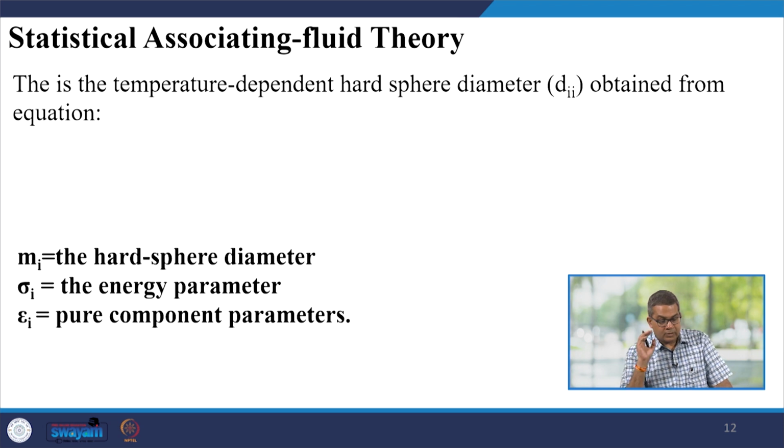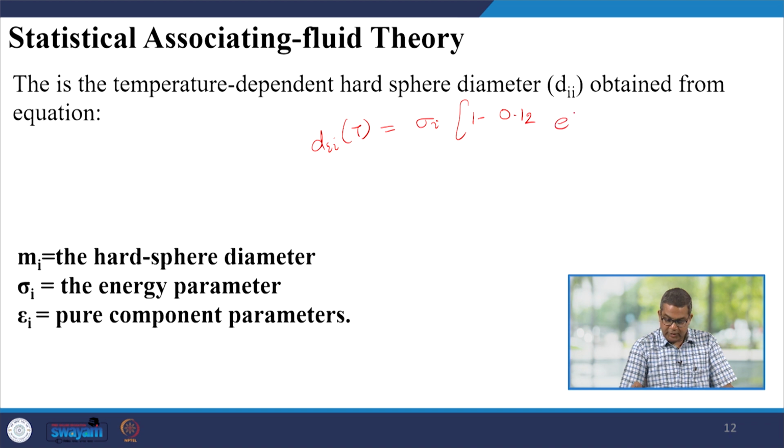This temperature dependent hard sphere diameter is obtained from the equation d ii of T is equal to sigma i times 1 minus 0.12 e to the power minus 3 epsilon i over kT, where sigma i is the hard sphere diameter, and epsilon i is the energy parameter, which is a pure component parameter.